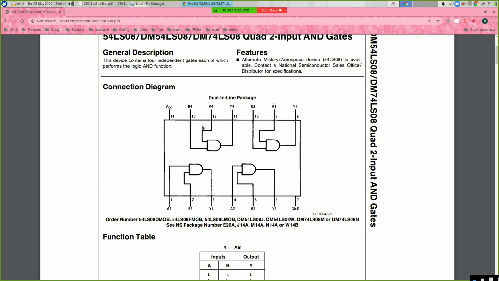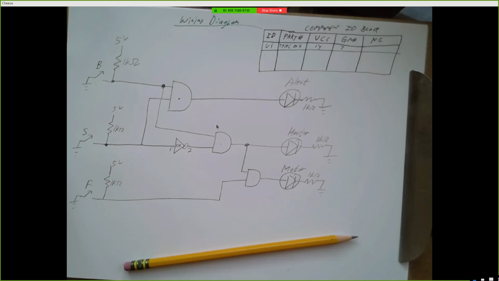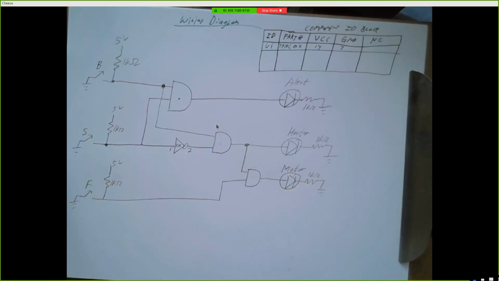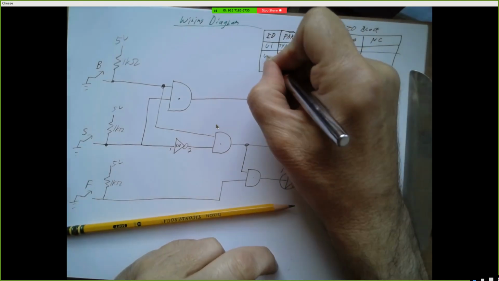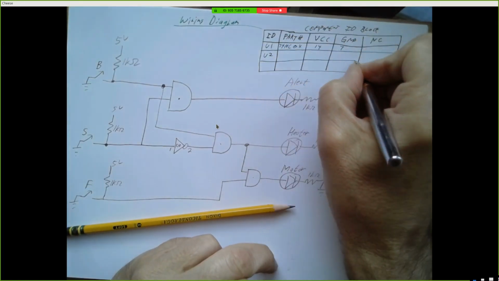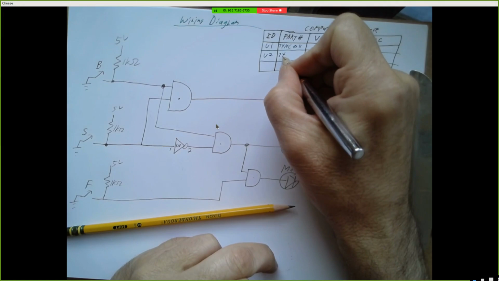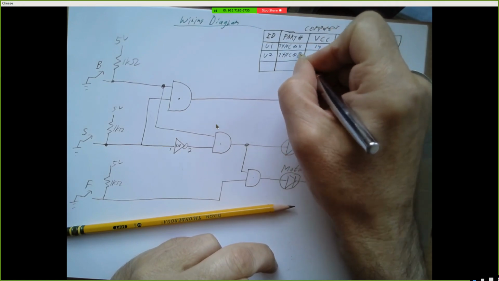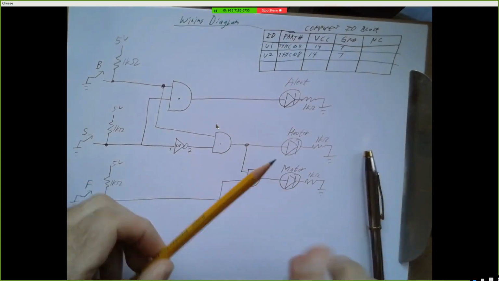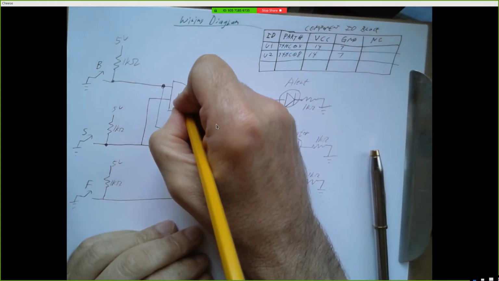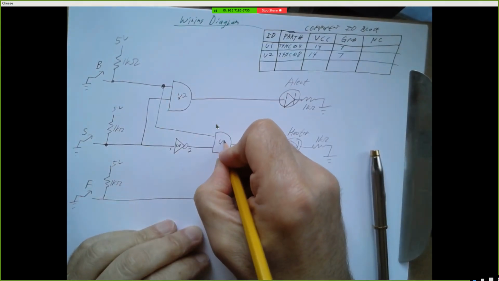So I'm going to use 1 chip, 74HC08. So I'm going to make a new entry in my component ID block, U2. This is going to be a 74HC08, VCC on 14, ground on 7. And each of these I'm going to take from this chip, which I'm calling U2.